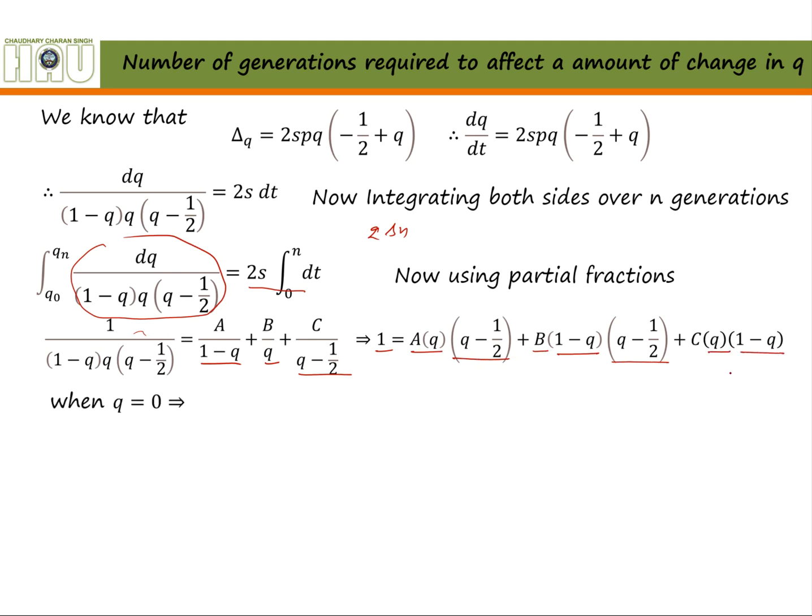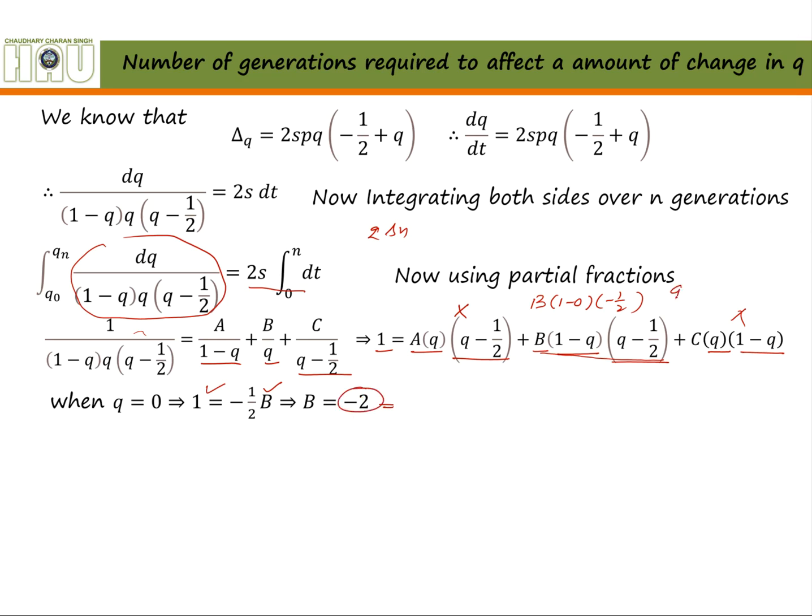Now I will substitute, say, q equal to 0. When I substitute q equal to 0, this term vanishes and this term vanishes. I am left with this. So you will get 1 is equal to minus half B, which implies B is equal to minus 2.